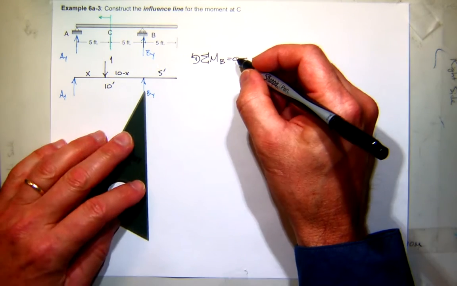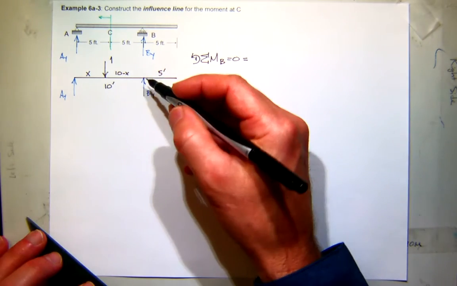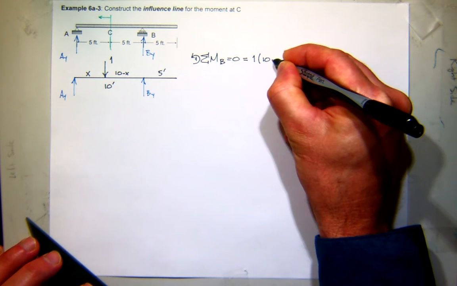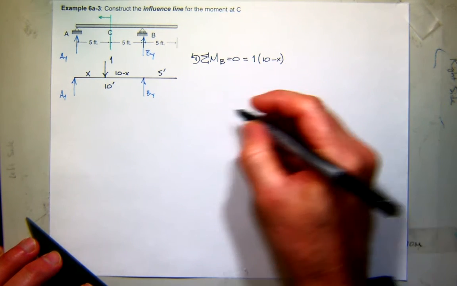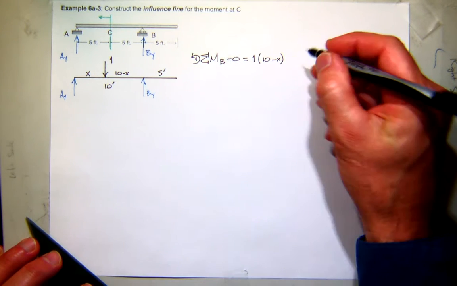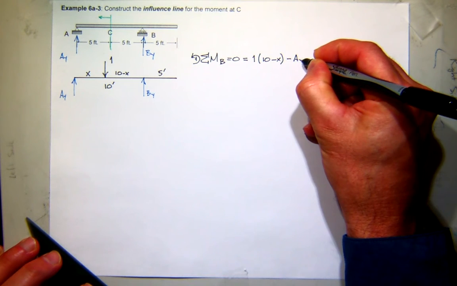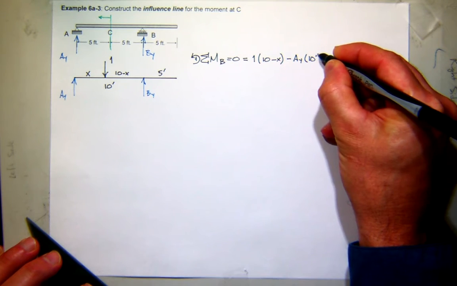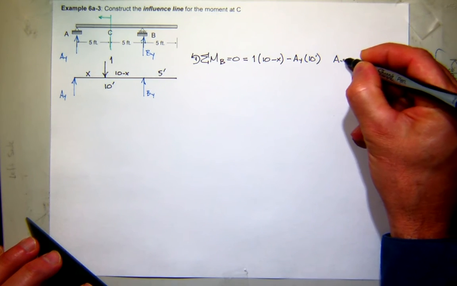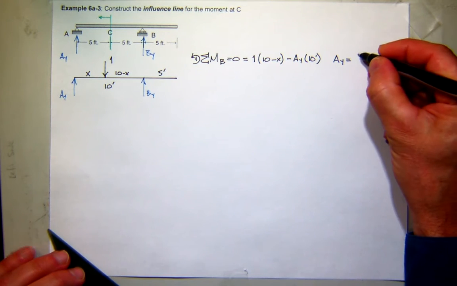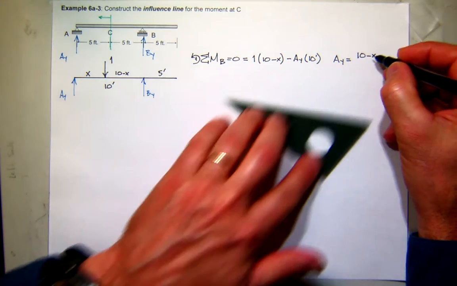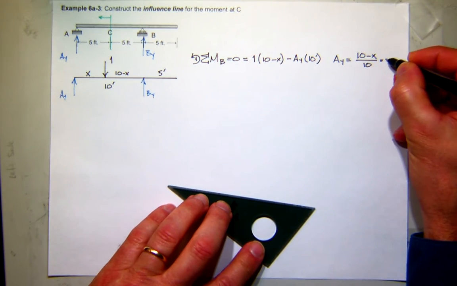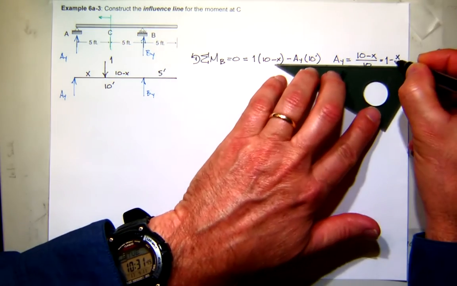Summing moments about B, the moment of the unit load about B is positive with a moment arm of 10 minus x. And then I'll have my reaction at AY, which creates a negative moment, and that has a moment arm of 10. So when I solve for AY, I get 10 minus x divided by 10, which could easily be 1 minus x over 10, if you like.